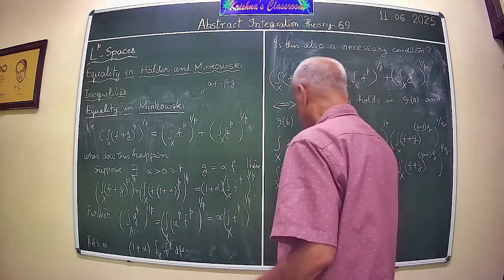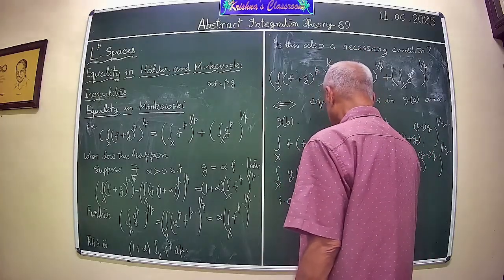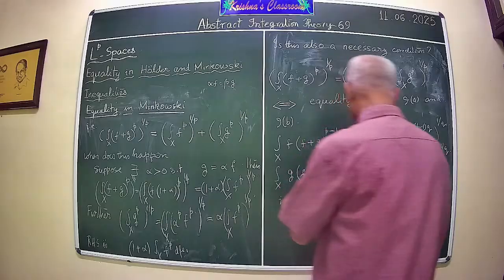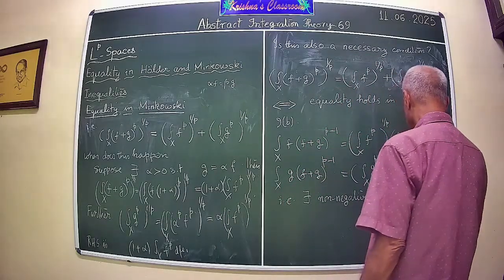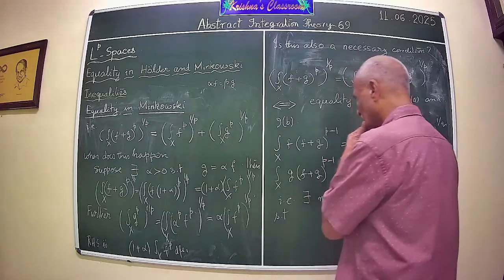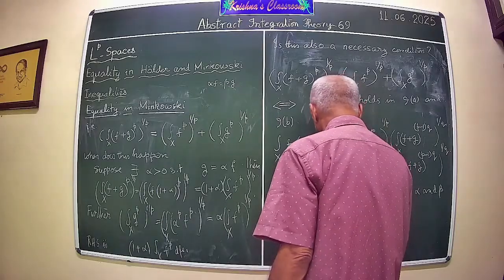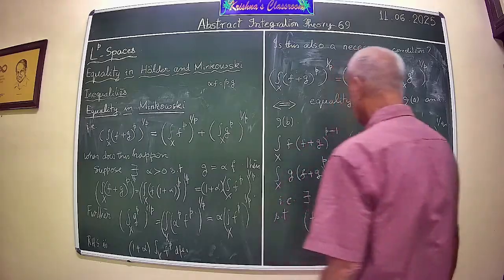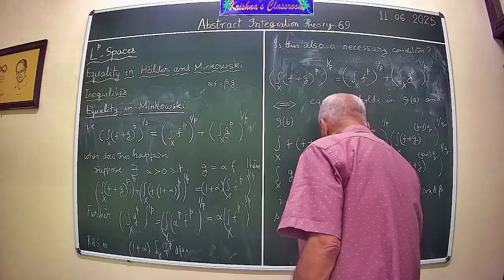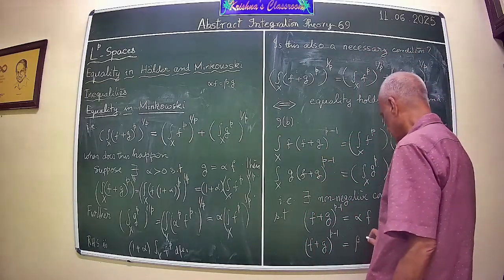That is, there exist non-negative constants alpha and beta such that f plus g to the power p minus 1 equal to alpha times f, and f plus g to the power p minus 1 equal to beta times g.